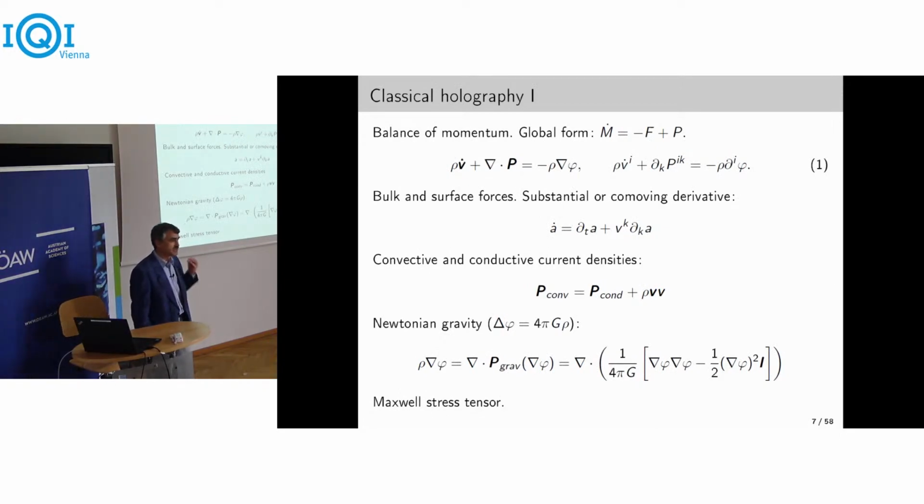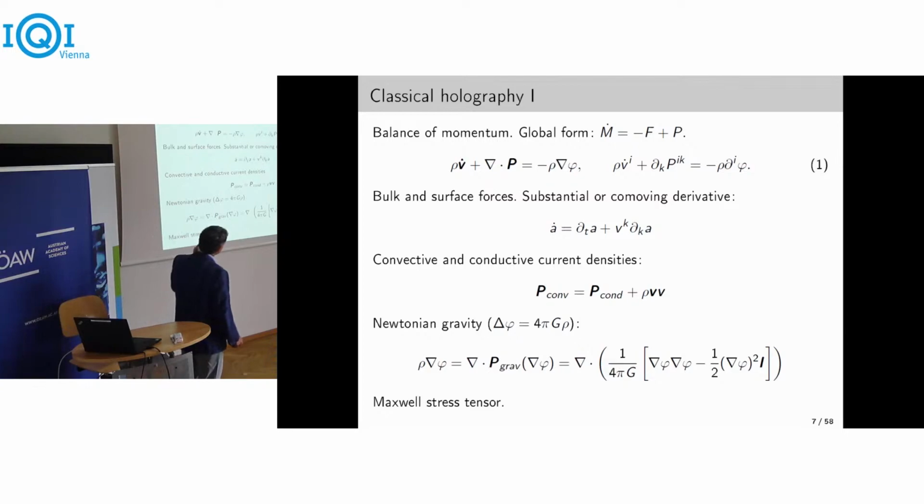However, what I will speak about is not that, not exactly, also related, but I call it classical holography, and it is related to the balance of momentum. The balance of momentum in a Galilean relativistic or non-relativistic space expresses a balance in the sense that in a global form the time derivative of momentum is due to surface terms and bulk terms inside a particular space region.